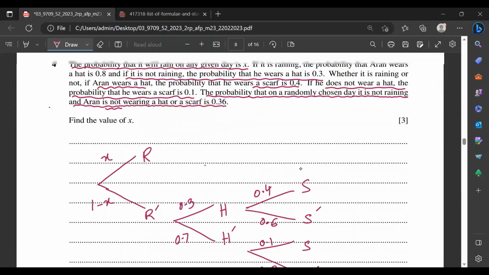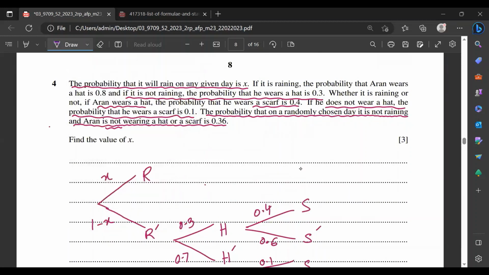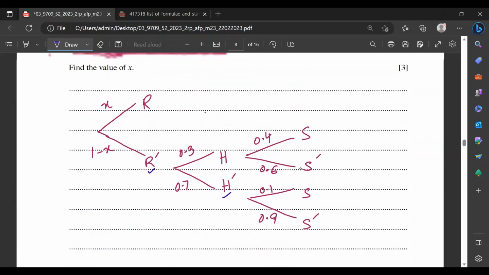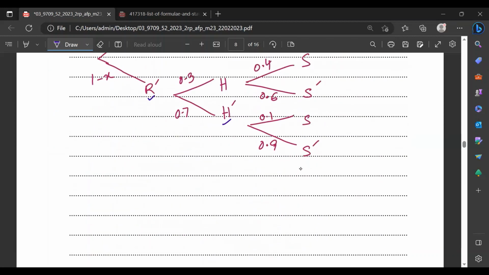Now just look at the last statement: the probability on a randomly chosen day, not raining, not wearing hat or scarf, is 0.36.